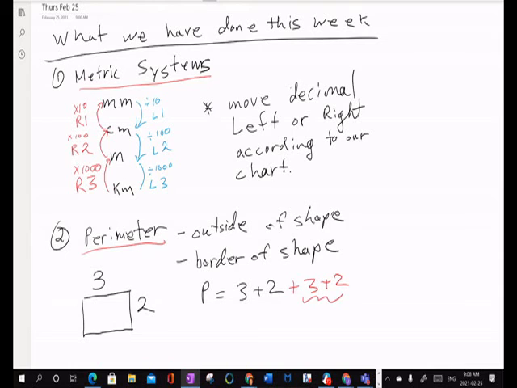So you'll notice that there is a repetition of those lengths that you were adding, and that's because of the matching sides here. The 3 on the top matches the 3 at the bottom side, which is also 3. The 2 on the right side also represents the length of 2 on the other side. Okay? And that's what we've done with our perimeters.